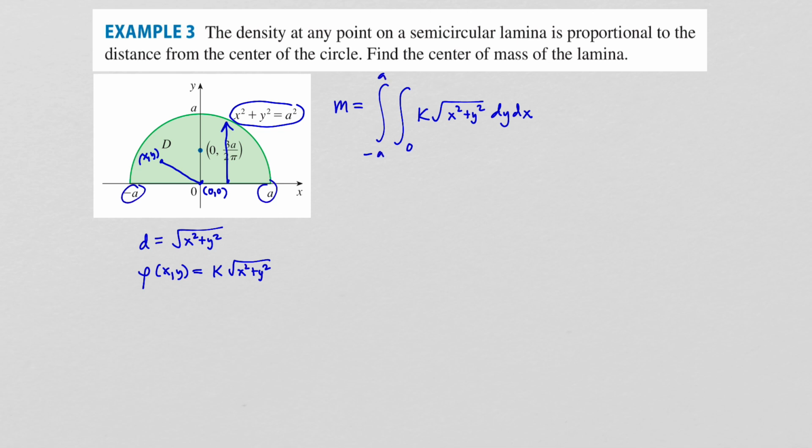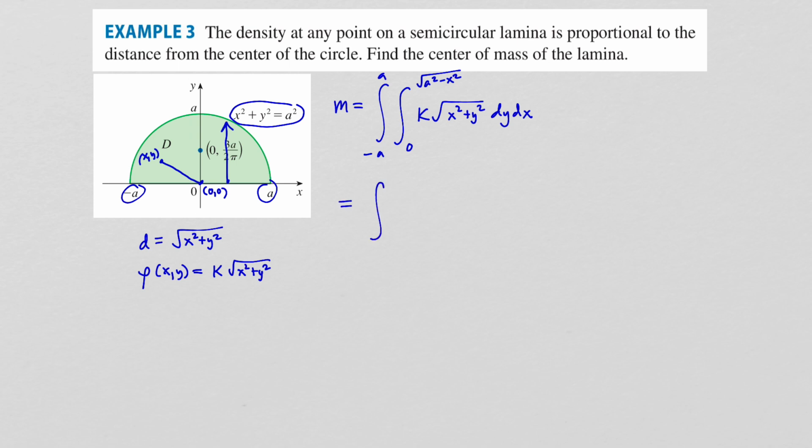So if I do that, I'm going to get the square root of a squared minus x squared up here. But notice that this integral is kind of challenging to do, right? This is not a simple integral. This would require trig substitution. So instead, what I'm going to do is integrate this in polar coordinates.